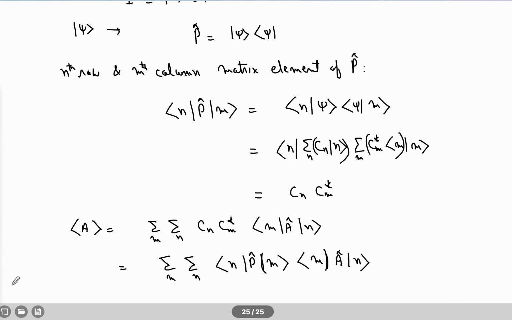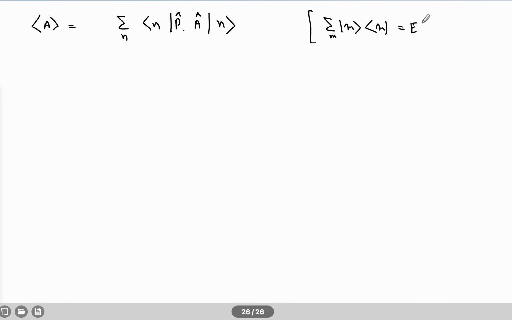So now the expectation value can be written as summation over n of the operator P operator A, n. Here I have made use of the fact that summation over m is equal to the identity, that is basically 1, or unitary operator. So this is 1 and can be ignored, right?